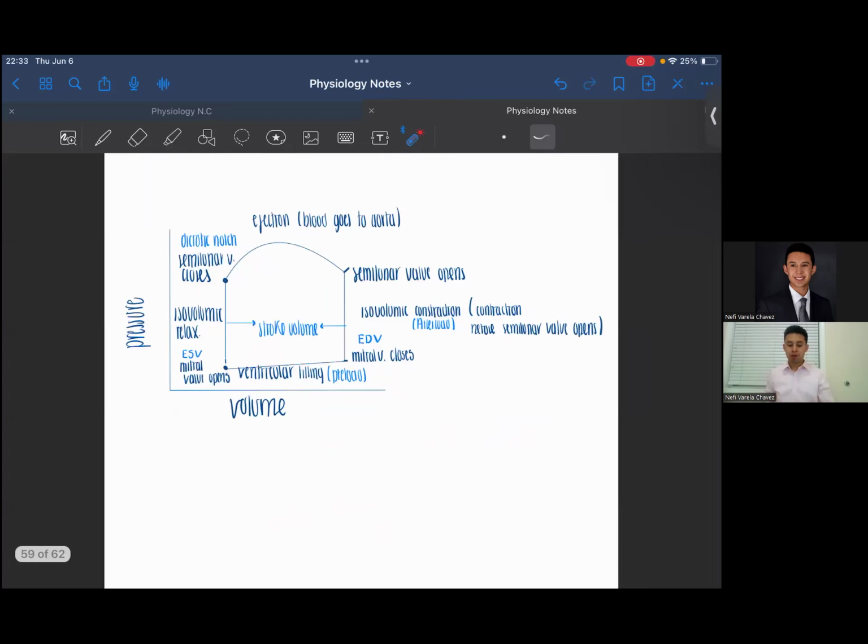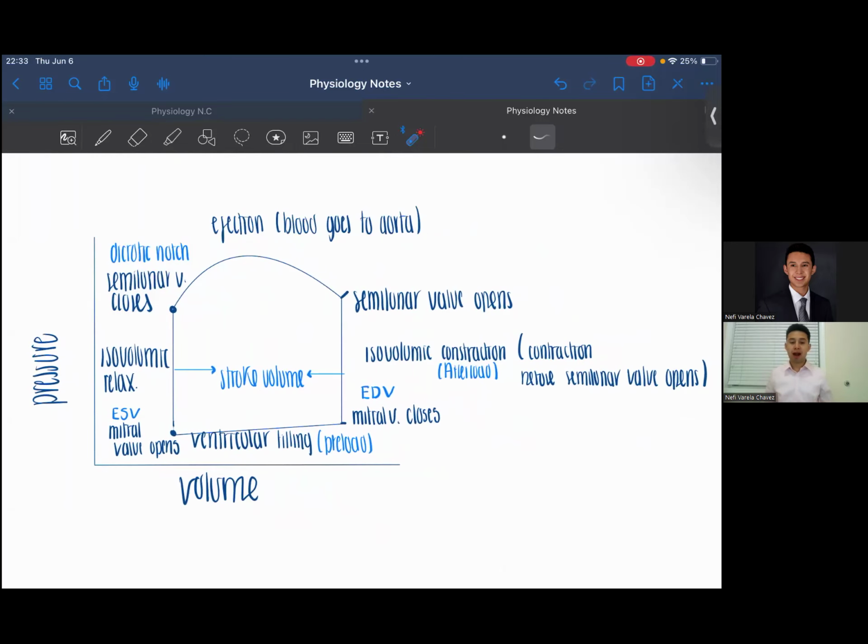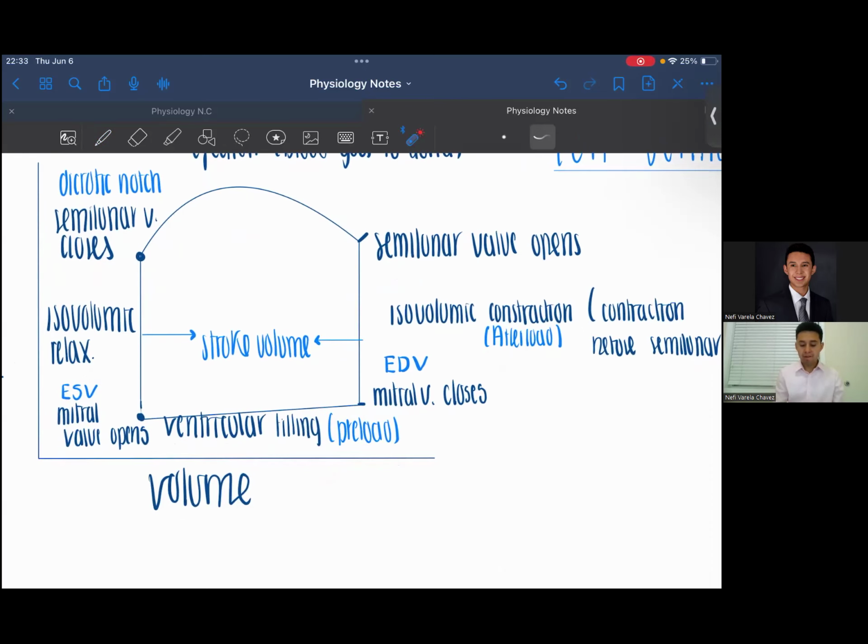And I'm just going to show you before finishing another graph that is pretty cool too, and this is only for the left ventricle. In this graph, we're going to have volume on the x-axis and pressure on the y-axis. First we're going to have this ventricular filling, and as we can see, we have volume increasing.